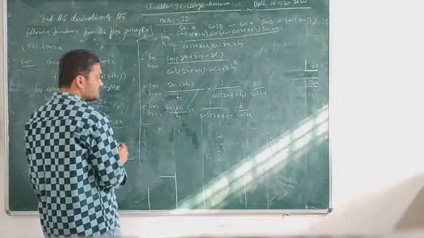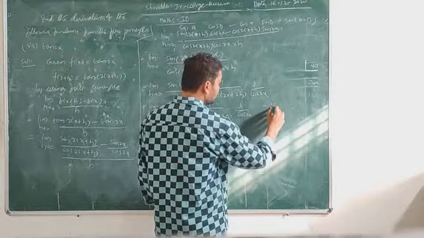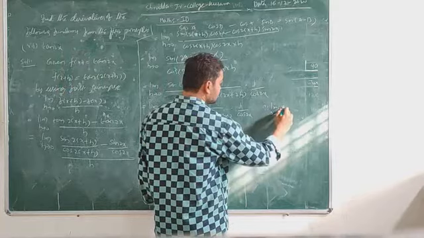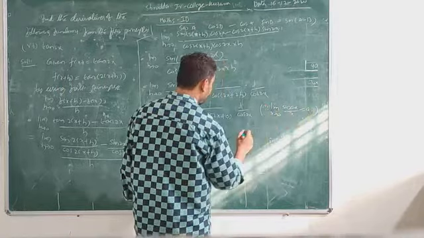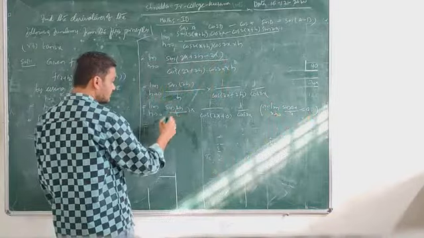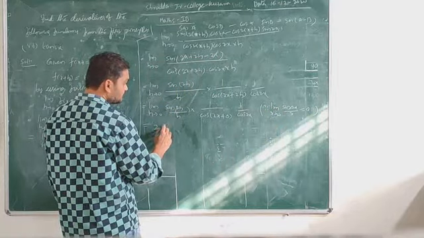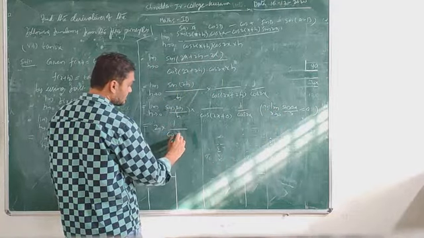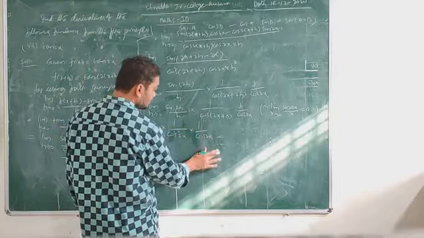Now this is which form? Sin ax by x. Already we know that the limit x tends to 0 of sin ax by x equals a. Now sin 2h by h means 2 into 1 by cos 2x into 1 by cos 2x.